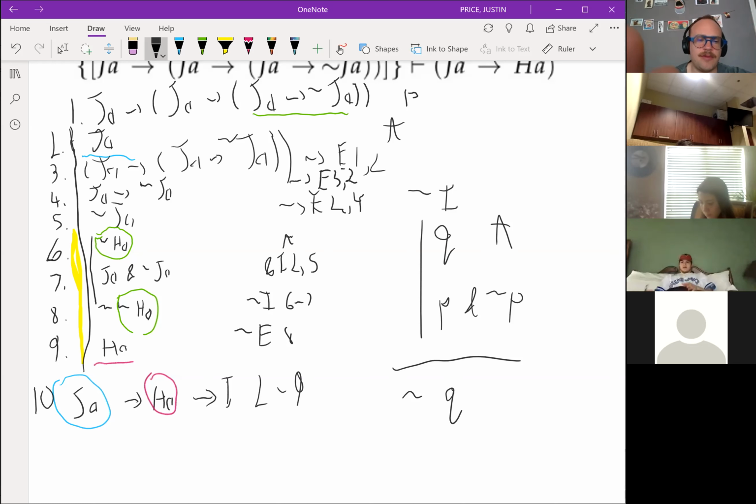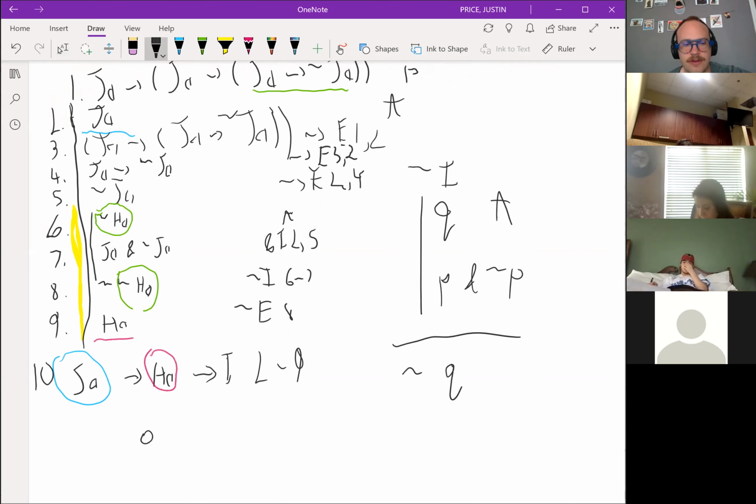So in this problem, our Q was negation HA because we wanted to add another negation to that negation HA so that we can get a double negated HA, which is then the equivalent of HA by itself.